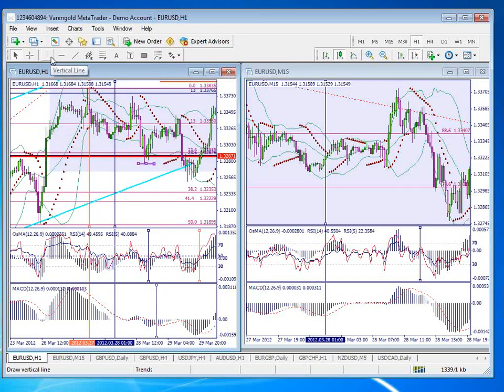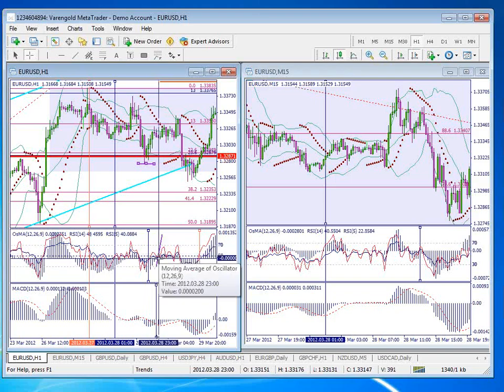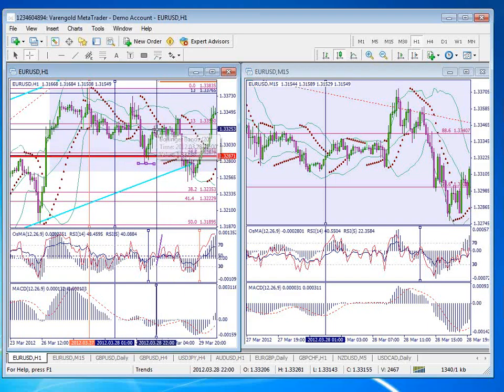The problem is that here the pair starts a little retrace. Sorry, the problem is that the RSI 5 starts to cross RSI 14, and also the pair starts a little retrace.